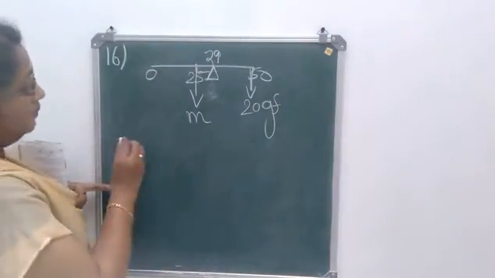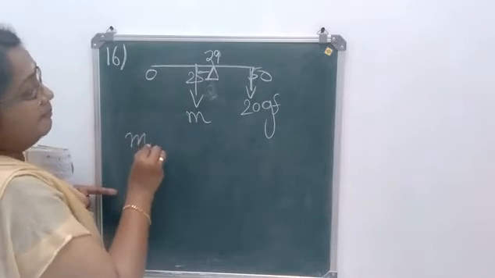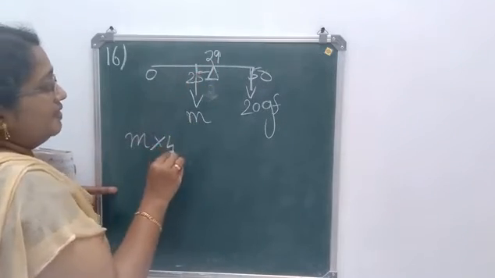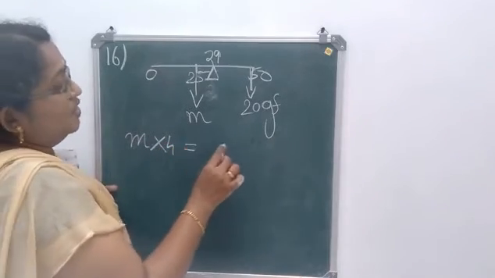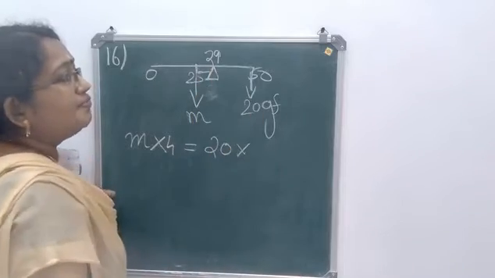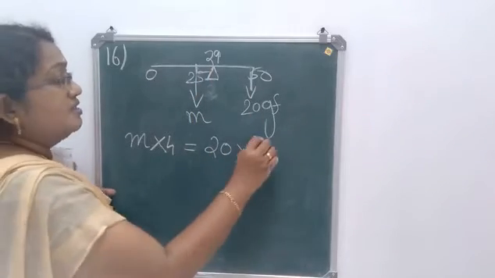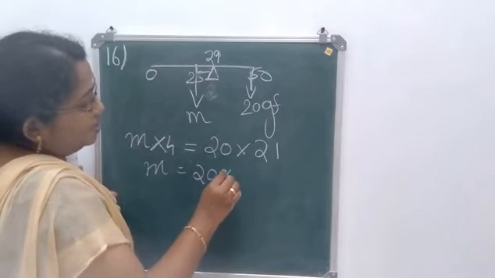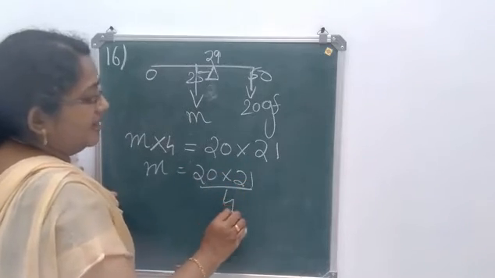Now it's easy, no? W1 is M, L1 is this distance, 29 minus 25, which is 4. This is equal to the second weight, 20, times 50 minus 29, which is 21. So M will be equal to 20 into 21 by 4.